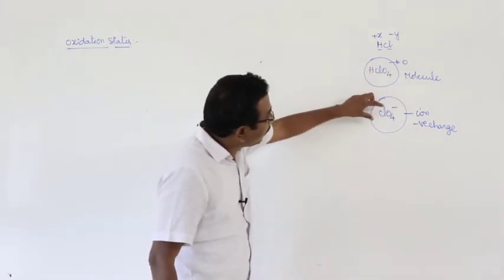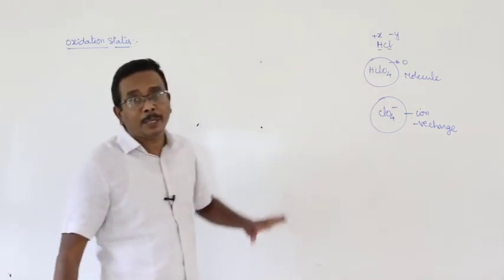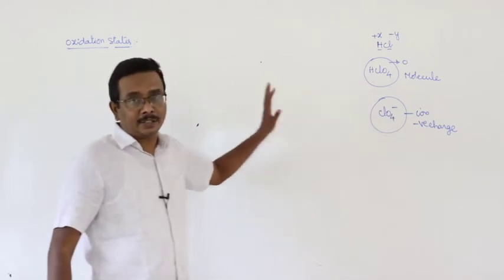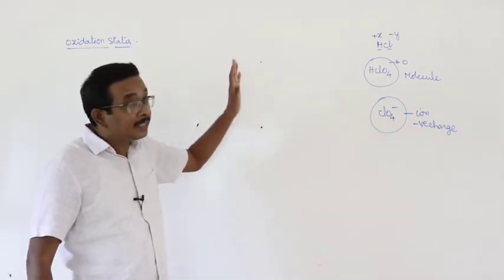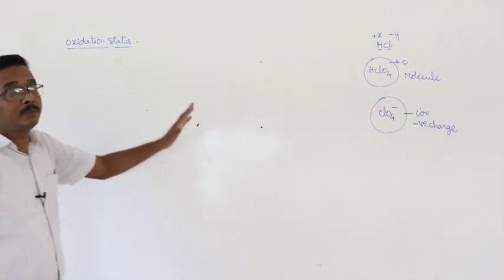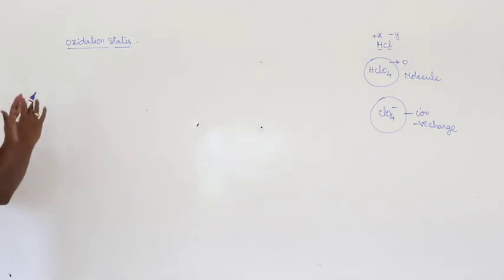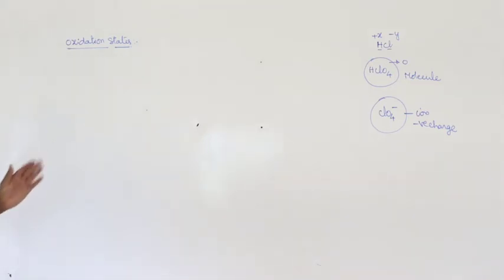Whatever it may be, ion or molecule, each and every atom is associated with a certain charge. And the charge that appears on an atom in a molecule is known as oxidation state. Right. But what about the important features of oxidation states?